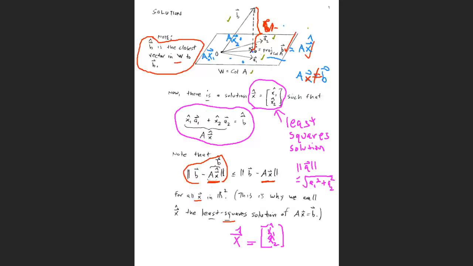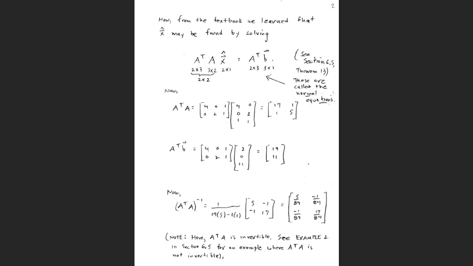From the textbook, we learn that we find the least squares solution by solving the normal equations. And in this case, I put in below all the dimensions of every matrix and every vector, so you can see that it works out.